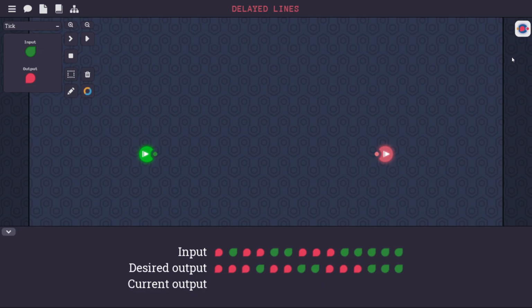So we already have a component that is able to delay. Right now I have an input as green, but it outputs red, which is false. If we move to the next tick, then this will be green.